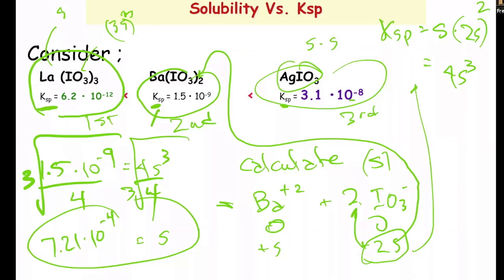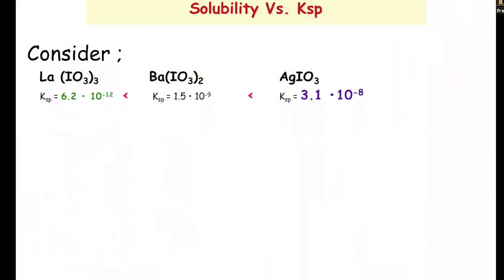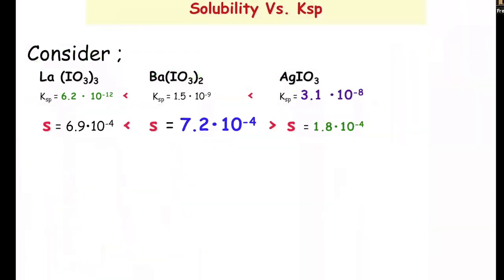Let me go ahead and show you that work. These are the solubilities. Remember I told you for barium iodate, it was 7.2 times 10 to the minus 4. Here's our answer. But when you do that for the others, the solubility for lanthanum iodide is 6.9 times 10 to the minus 4. The solubility for silver iodide is 1.8 times 10 to the minus 4.